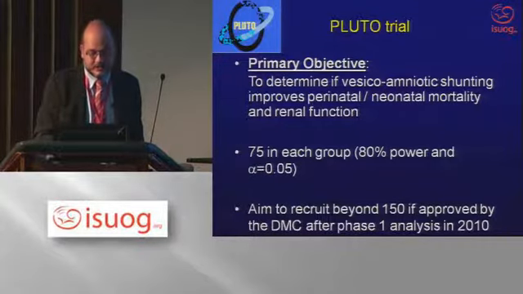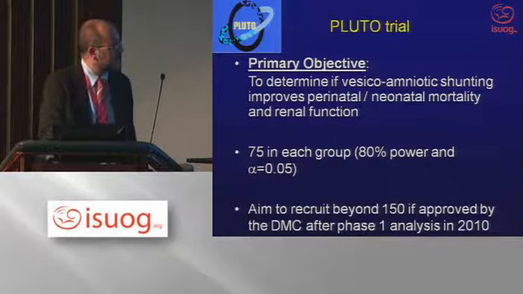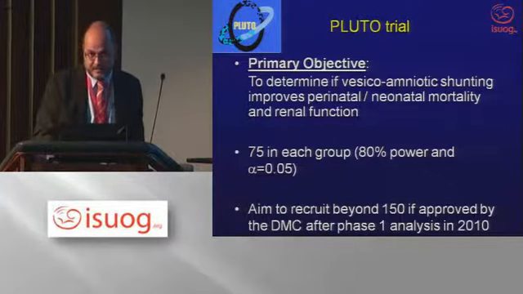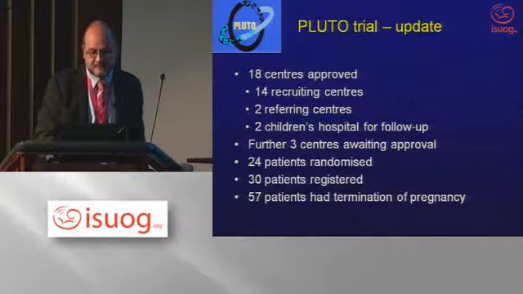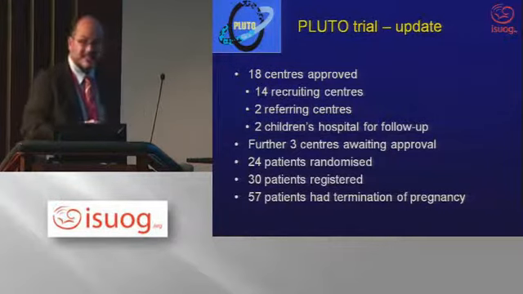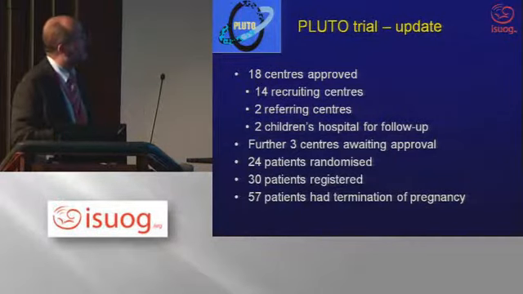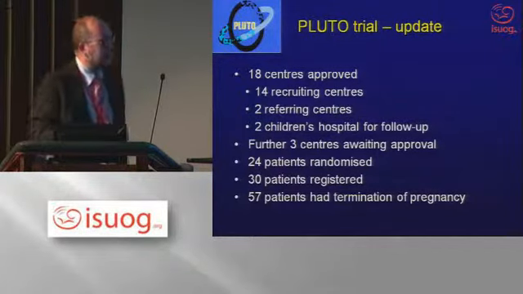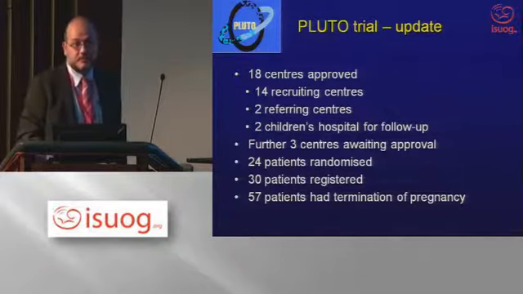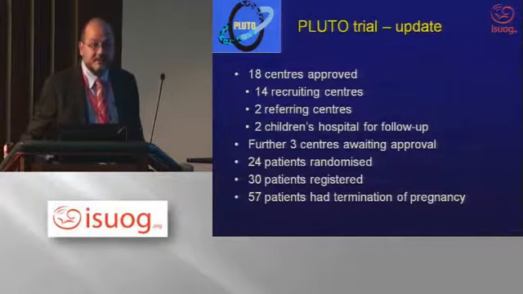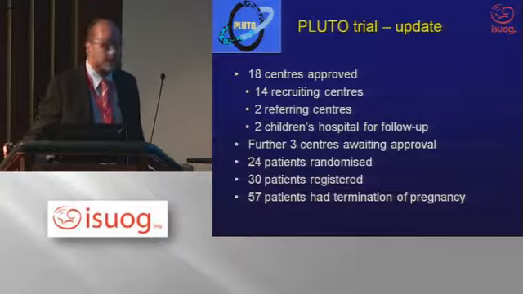The power calculation suggests that they need 150 patients, and later on this year there will be an analysis of the preliminary results. And this is the update from last Monday. There's 18 centers who are running this study, and they have so far randomized 24 patients. So a long, long way to go until reaching that 150. All of the Netherlands is now taking part in the study, I understand.